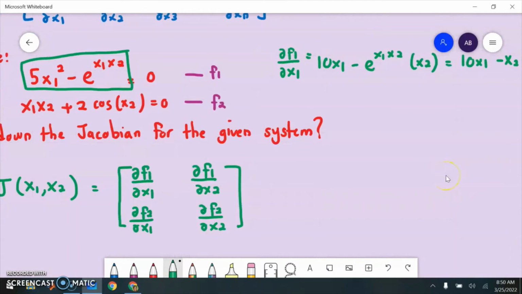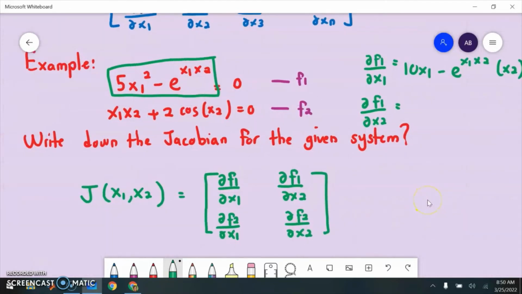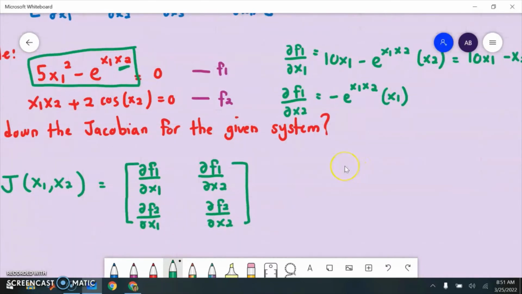Now, what is the derivative of function 1 with respect to x2? Look at the same function, my f1 here. x2 is only involved in the exponent term, so there is nothing in the first term. But taking the derivative, I have negative e to the x1 x2, and the derivative with respect to x2 gives me x1. So I have negative x1 e to the x1 x2.